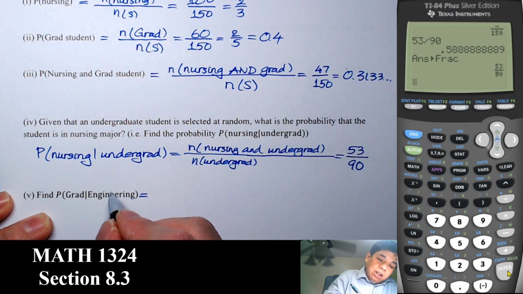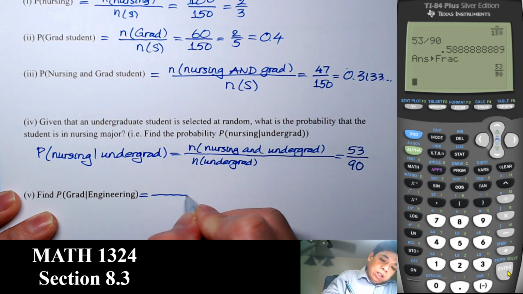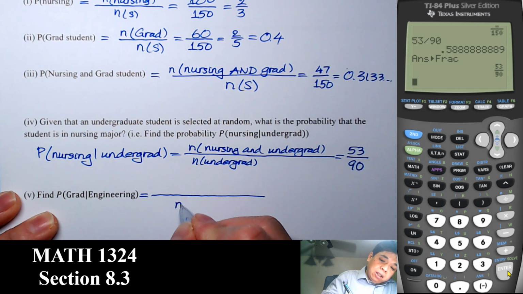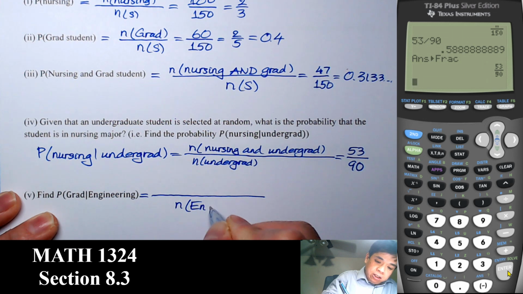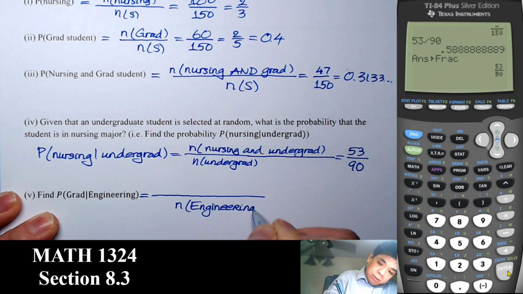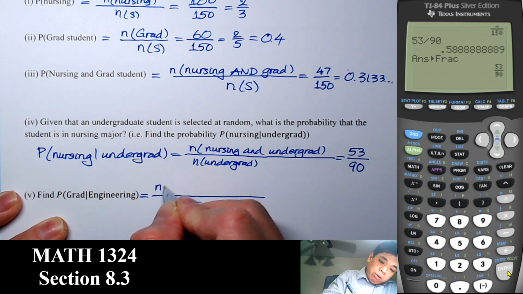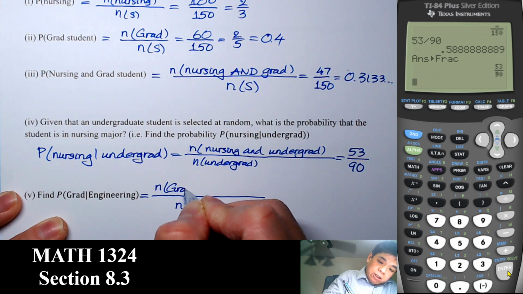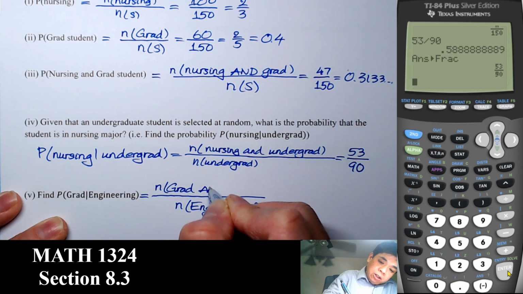Right. Now the probability of graduate given engineering. We divide by how many we have in engineering, and then we have for both grad and engineering.